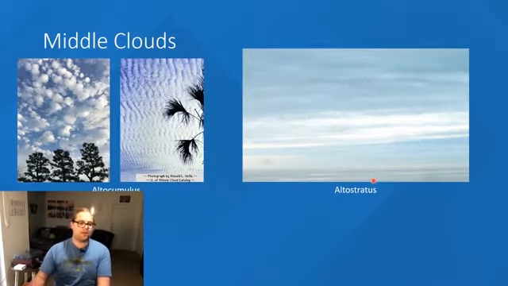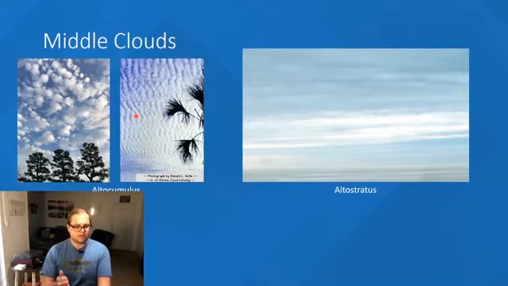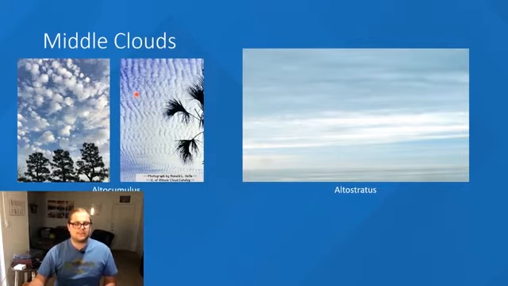Let's talk about the middle clouds. Right away, you see these altocumulus clouds. How do I know they aren't cirrus clouds? Typically, if you take your fingernail and hold it up to the sky, altocumulus clouds tend to be about that size, especially in this more poofy form.